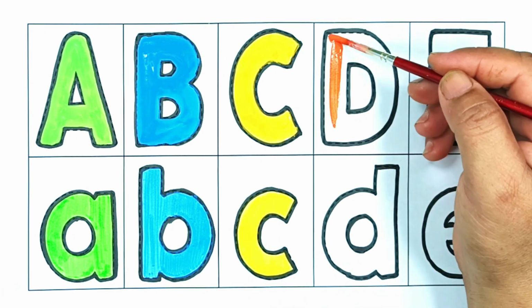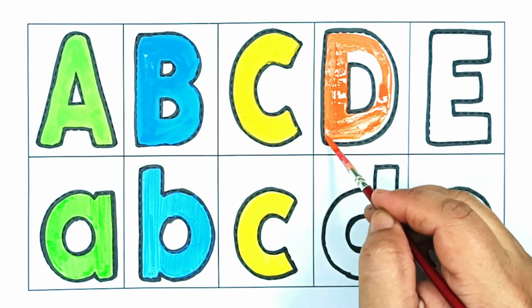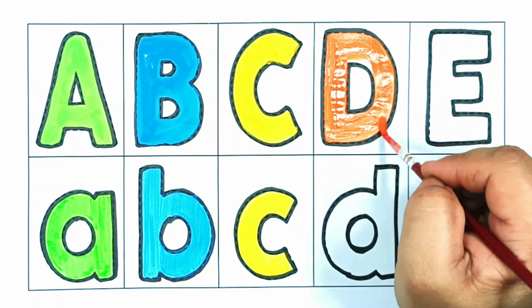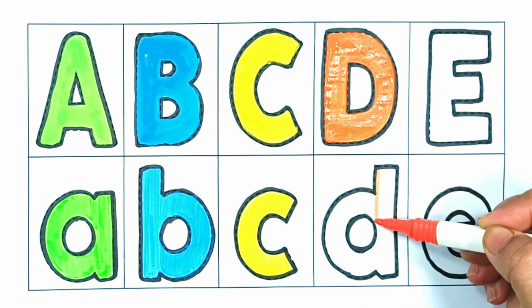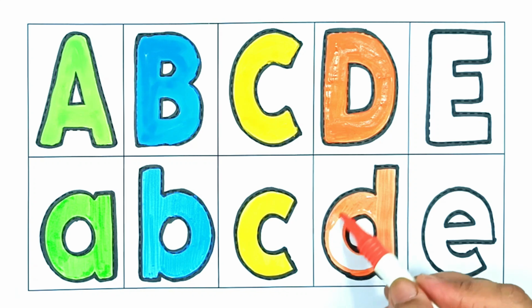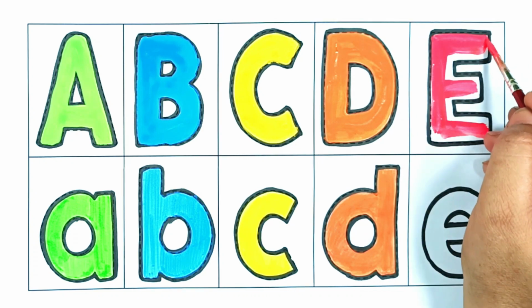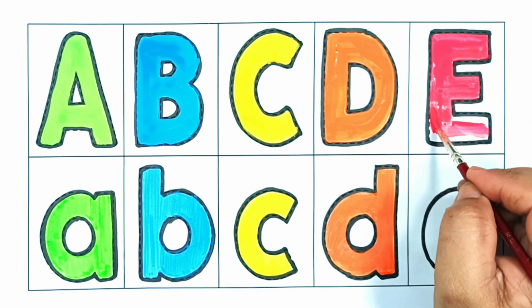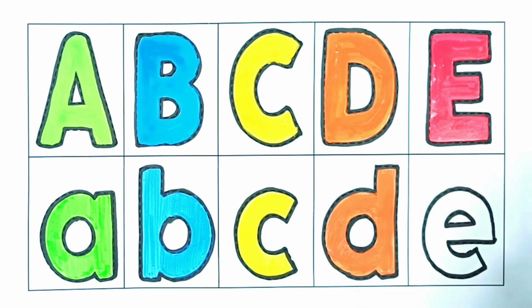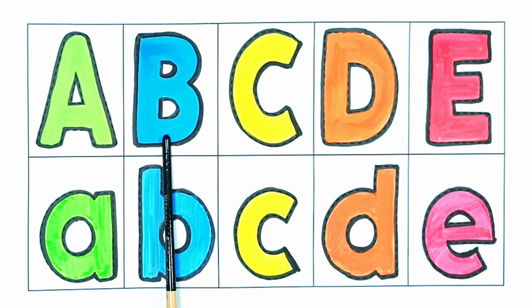C for cat. D for doll. D for doll. E for elephant. E is for elephant. A, B, C, D, E.